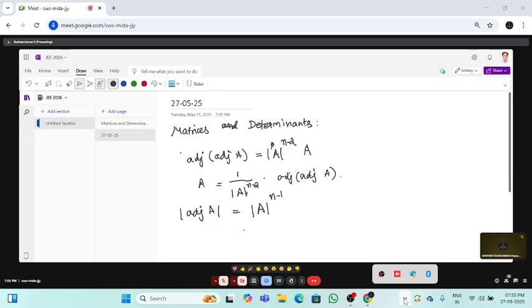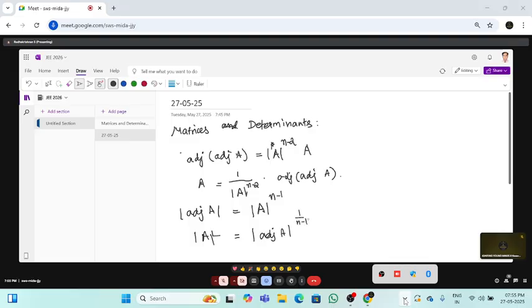So from this, we can calculate the determinant of A, because adj A is given to you, we can easily determine the determinant of adj A. Now determinant of adj A equals determinant of A to the power of n minus 1. Therefore, determinant of A will be determinant of adj A to the power of 1 by n minus 1.